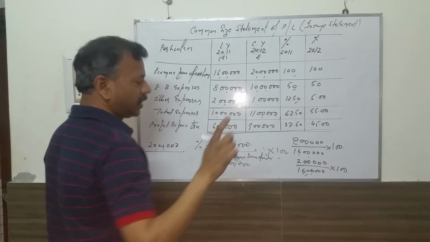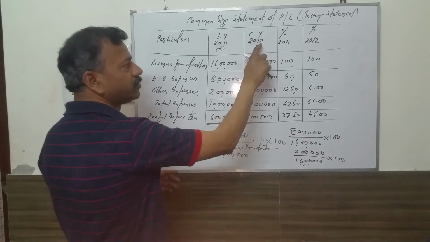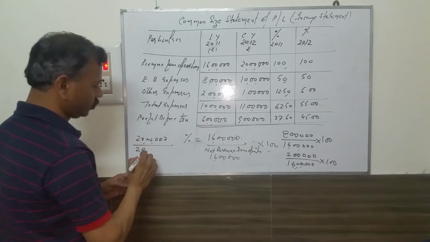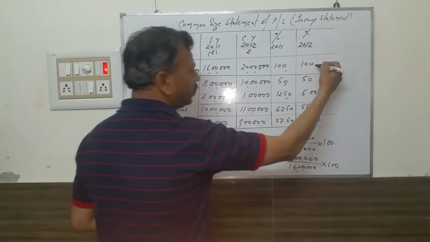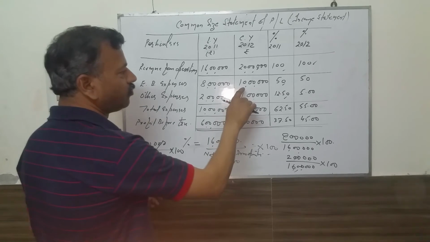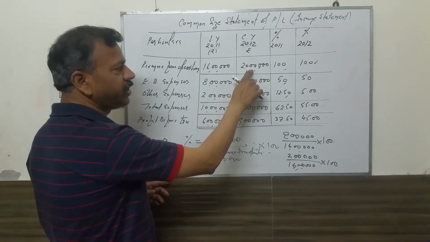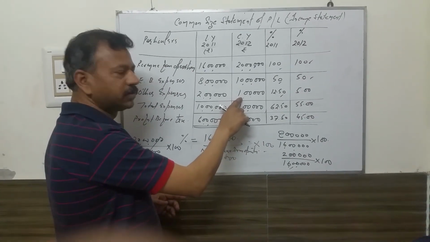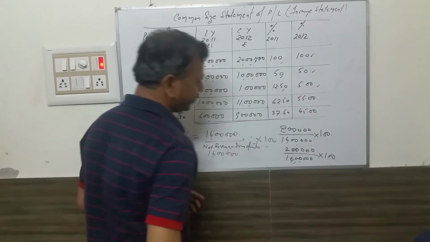So obviously the amount of revenue from operation you will take from 2012. It means 20 lakh. 20 lakh into 100, you will get 100%. For this, 10 divided by 20, 50. Again for 1 lakh divided by 20, you will get 5%.